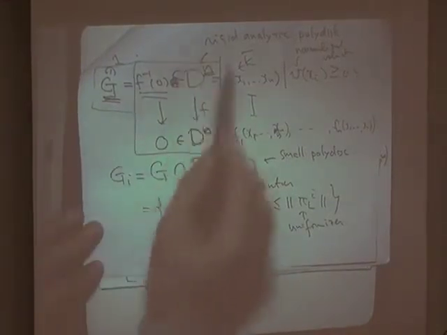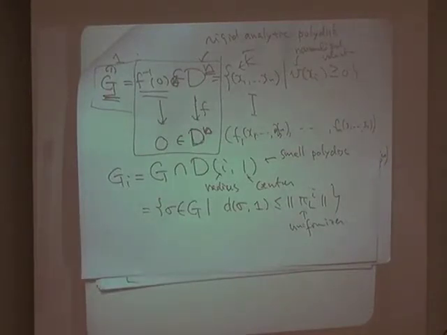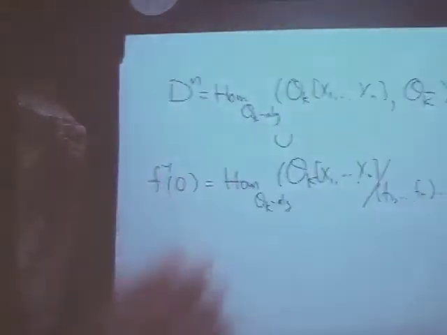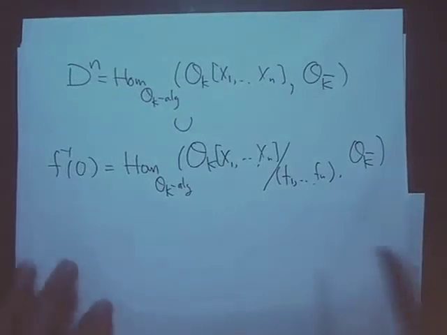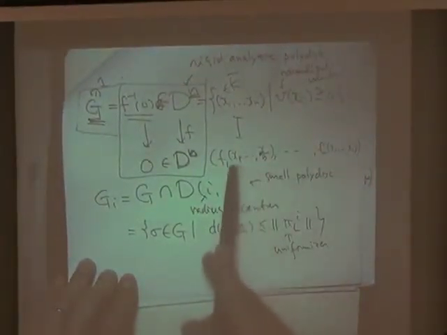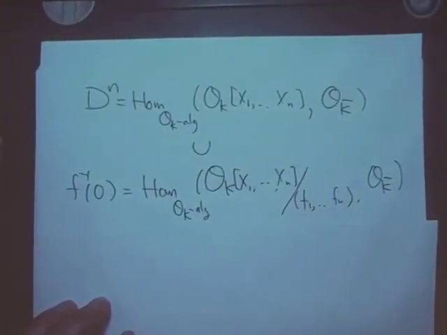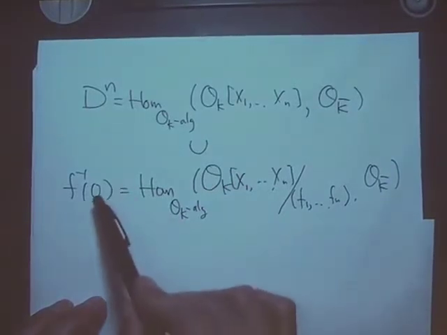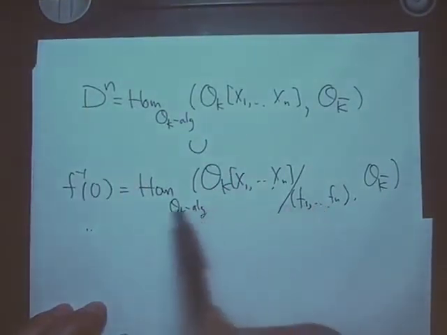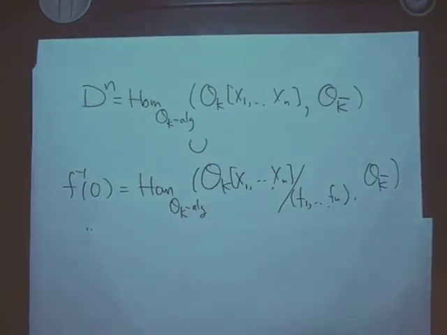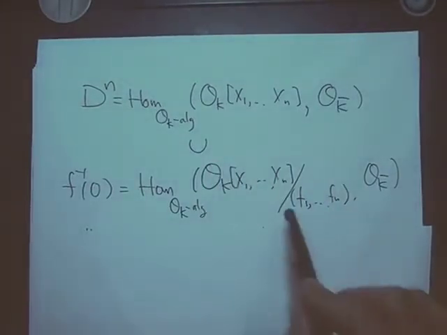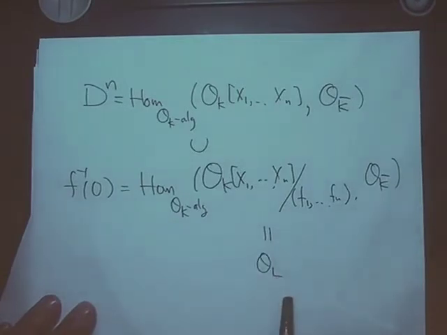So we can interpret this as a set of homomorphisms of O_K-algebras. Now, the inverse image of 0: the map here is defined by sending this point to that point, so you just substitute into these polynomials. The condition here says that this homomorphism kills these polynomials. In this way, you see that the inverse image of 0 is identified with the set of these homomorphisms. But this is nothing but the presentation of O_L, the integer ring.